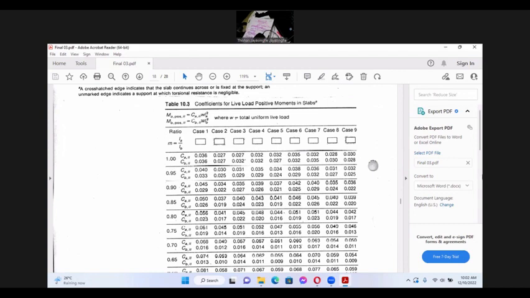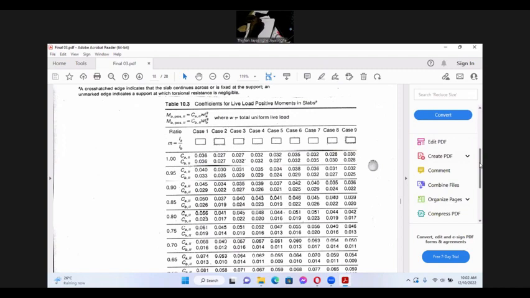Right. So now we see how to deal with this particular case, the example we looked at: a slab of 9 meters in one direction, simply supported, 9 meters this way, 7 meters this way.